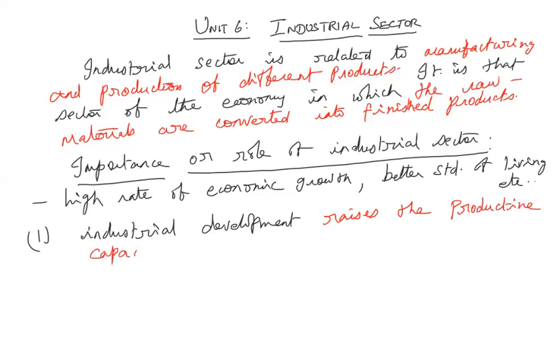The people employed in industries have better productive capacity than the people depending on the agricultural sector, because in the industrial sector mostly educated and skilled people are employed, which is not a requirement for employment in the agricultural sector.